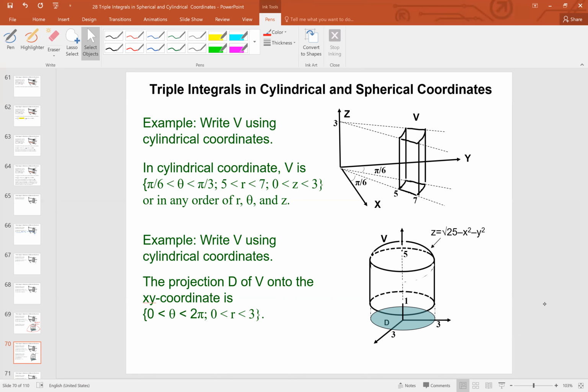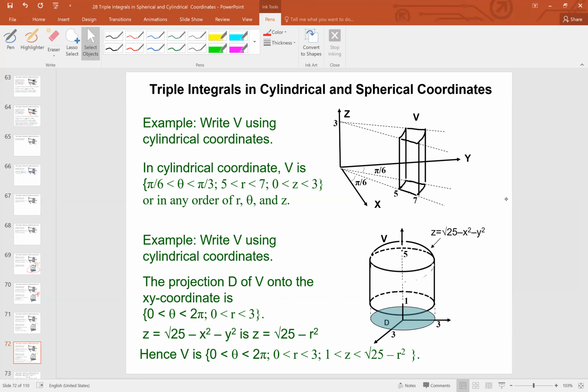It goes up to the round sphere, z equal to the square root of, again, we see x squared plus y squared, so this is minus r squared. So we're looking for minus x squared minus y squared, or x squared plus y squared. That changes to r squared in cylindrical. So this is a description of this tank, oil tank, if you like.